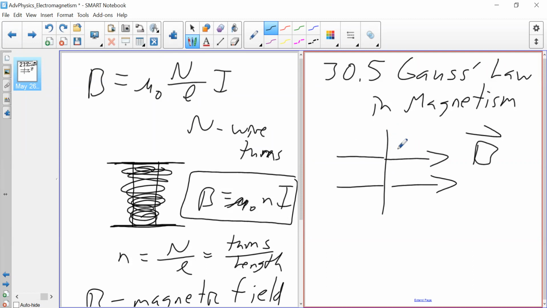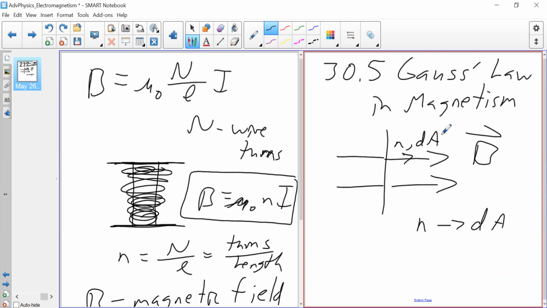Again, this area vector is going to be in the same direction as the normal vector. The normal vector represents each piece of area, at the point at which the magnetic field goes through. So we can call this N or dA.